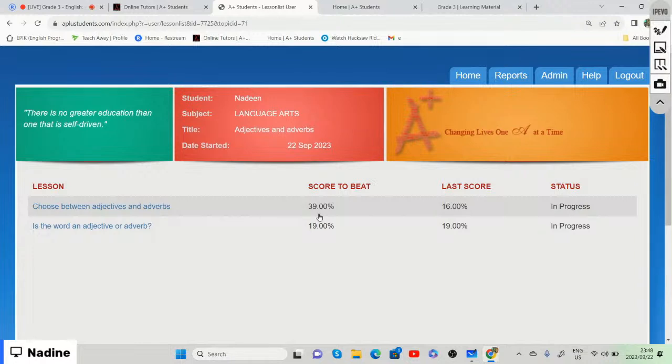Then an adverb tells us about the verb. A verb is an action or doing word. Adverbs will tell us how, when, or where. And most adverbs that tell us how end in ly.